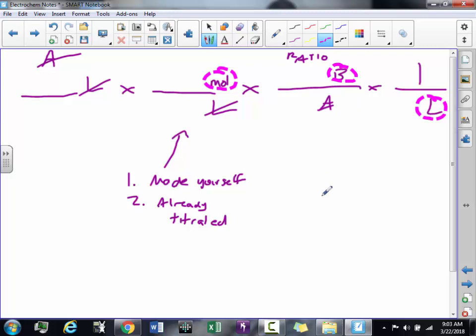I'll leave that up there for a second if you want to copy that down. We start with a volume amount. We multiply it by a moles per liter. We have to know at least somebody's concentration, either because we already titrated it or because we made it ourselves.